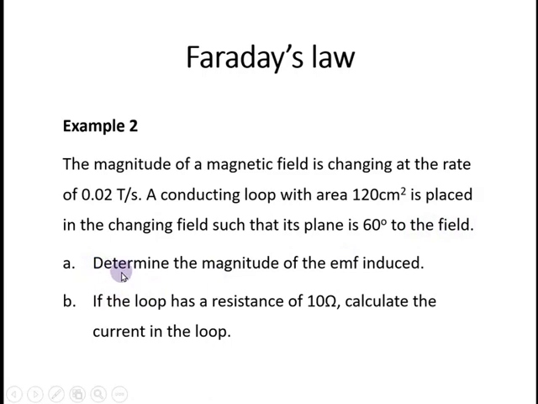Our tasks are to determine the magnitude of the EMF induced and also to calculate the current that flows through the loop if its resistance were 10 ohm. So go through quickly, and you may want to try it before you continue the video. Just give it a pause, try it yourself, and continue the video.